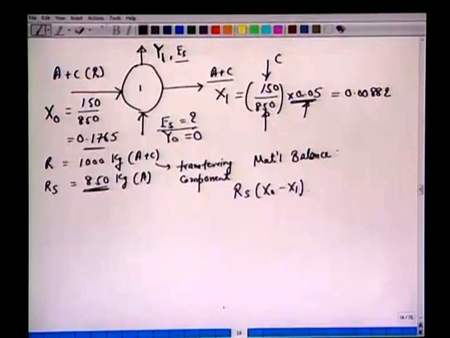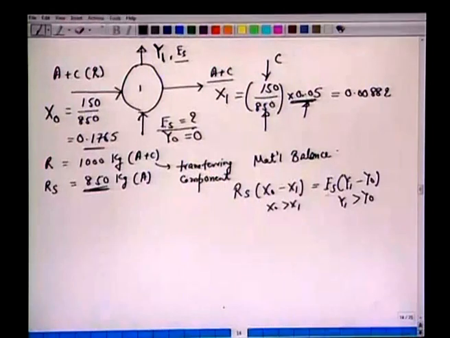This is what is removed, C, and it is gained in the second phase, ES, Y1 minus Y0. Note here x0 is greater than x1 and Y1 is greater than Y0, because this phase picks up the transferring or diffusing component C.